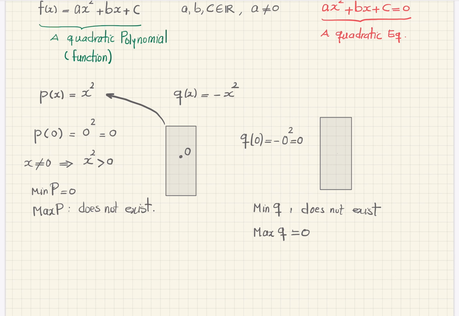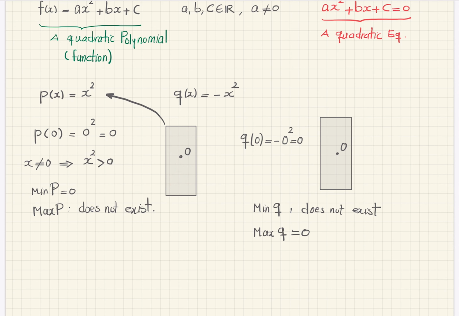So yes, 0 is a point in my bag. But then all other numbers that you see in this bag share a common property.